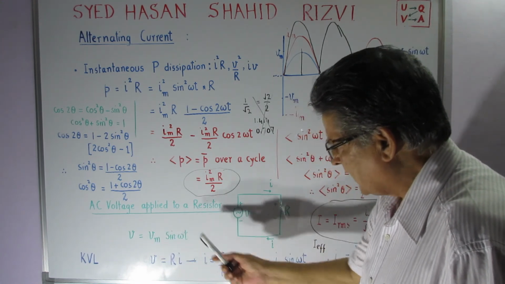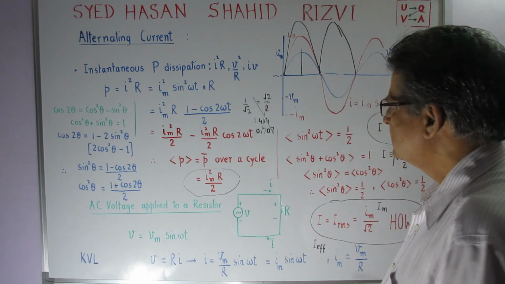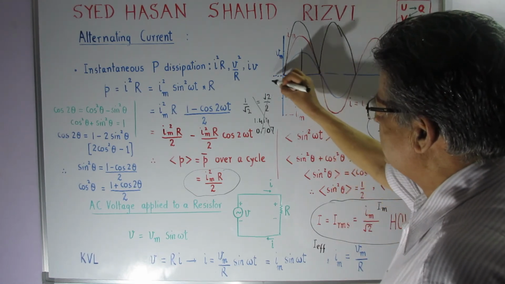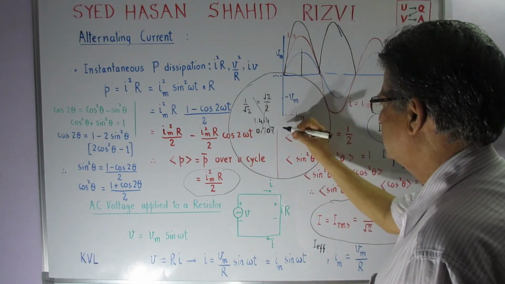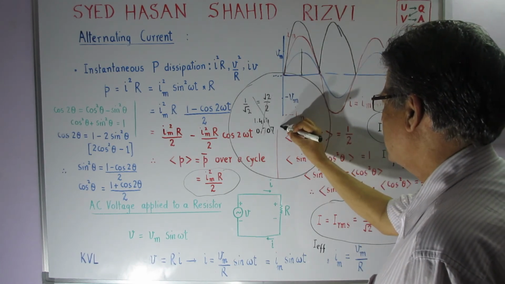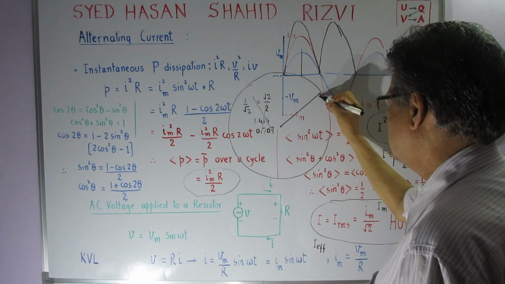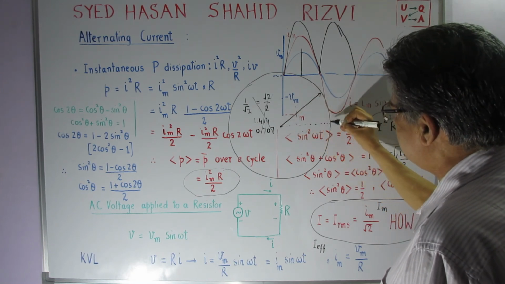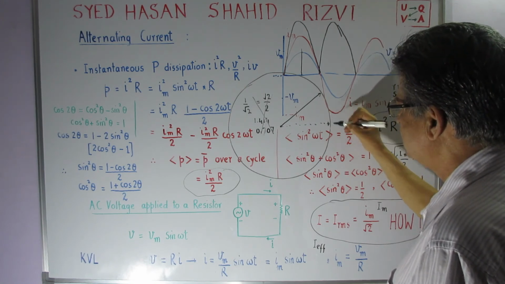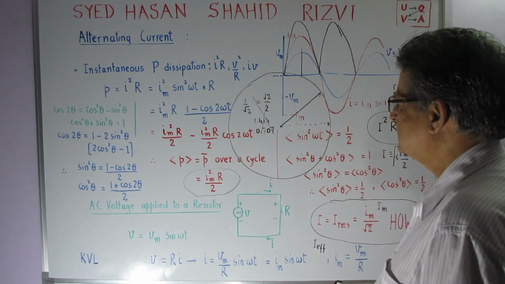that V is equal to Vm sin of omega t. This we take when we have the center and there is a vector, and this is the initial position of this vector.